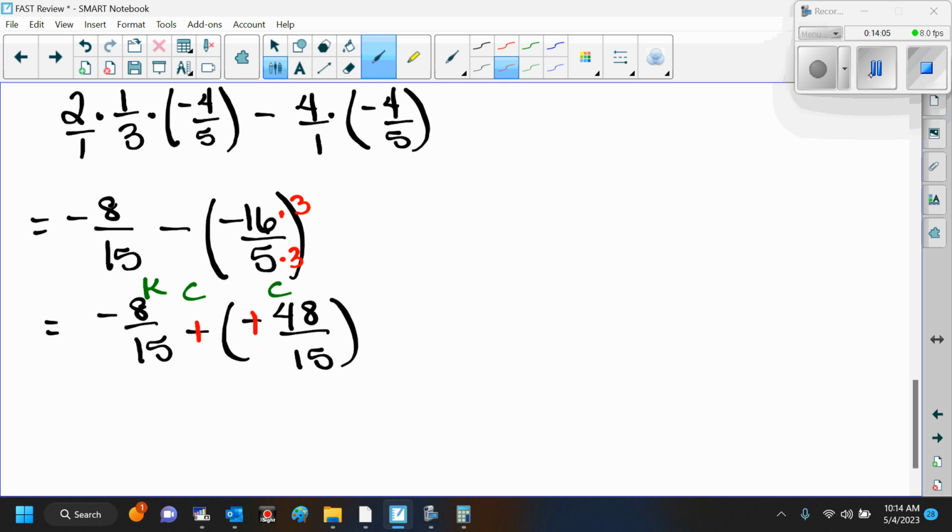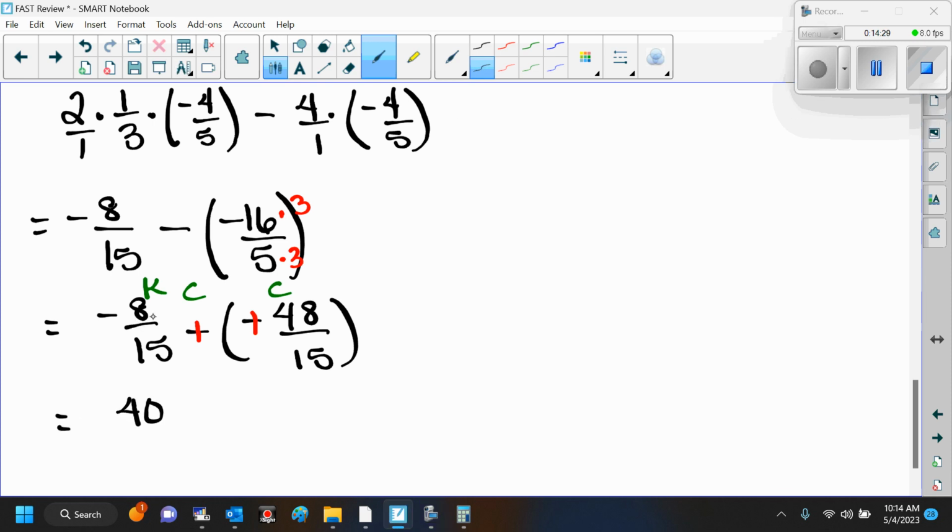You guys rewrite. So now, what's the rule if I have a positive plus a negative? We're going to take the sign of the bigger number, and what do I do to the numbers? Very good. We subtract them. So 48 minus 8 is 40.